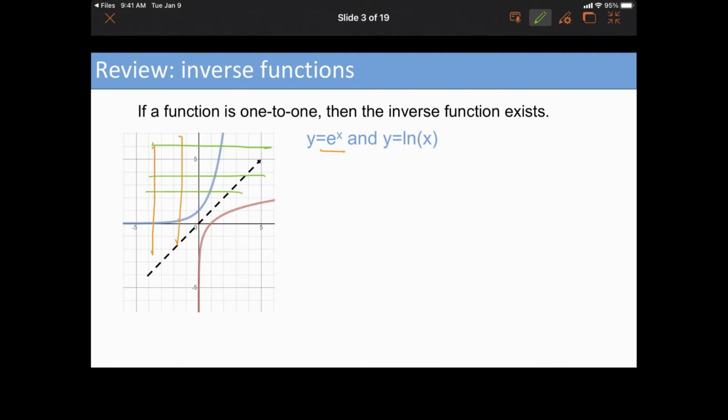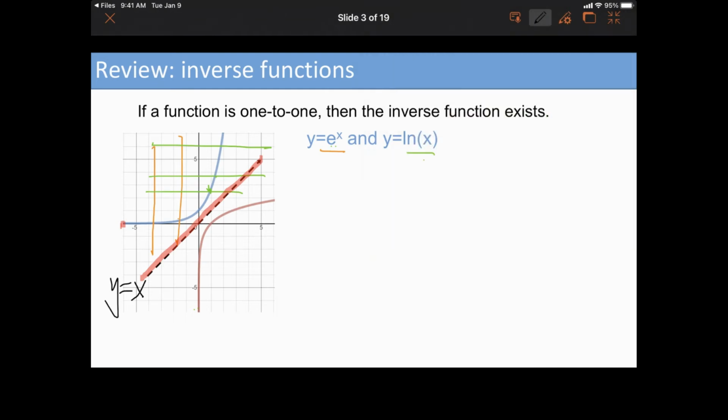So if it is a function and it is 1 to 1, for every x there's only one y, and for every y there's only one x, then you can take the inverse. So the inverse here is the natural log. So e to the x and natural log of x are inverses. We're looking across this line here, the reflection of the exponential over this line, y equals x.